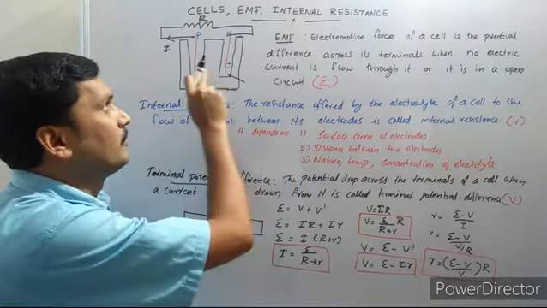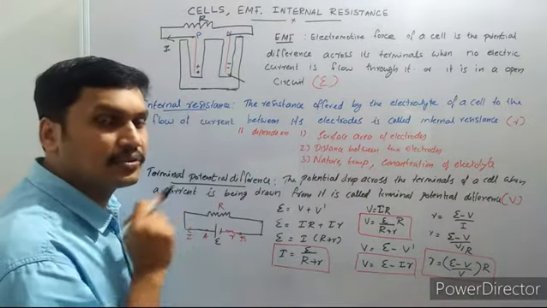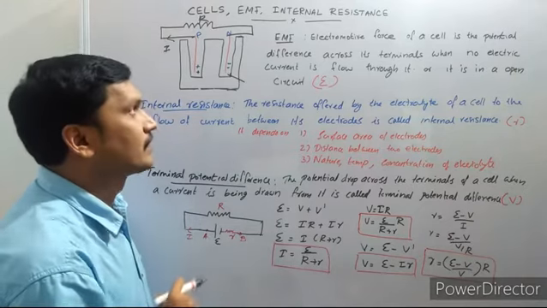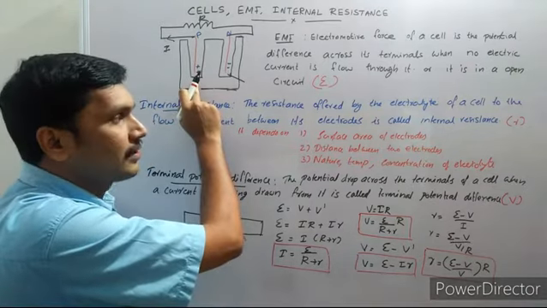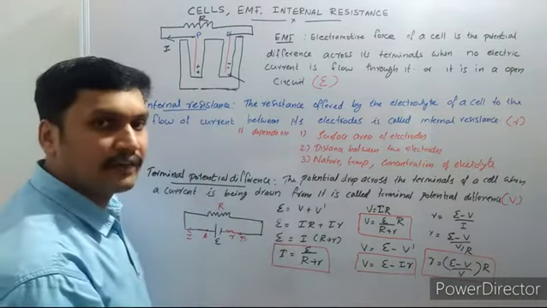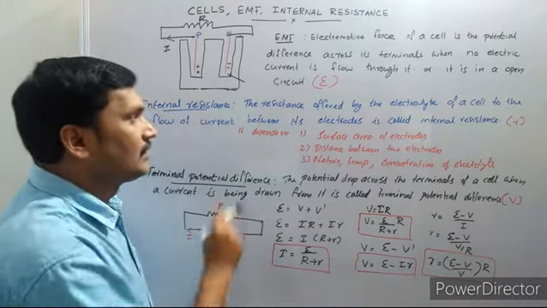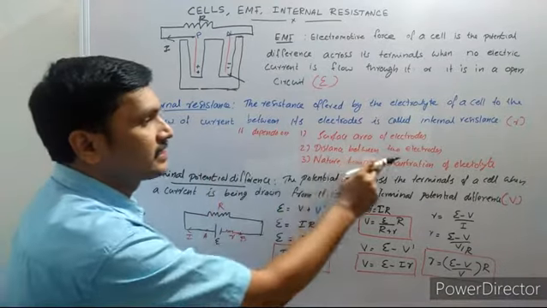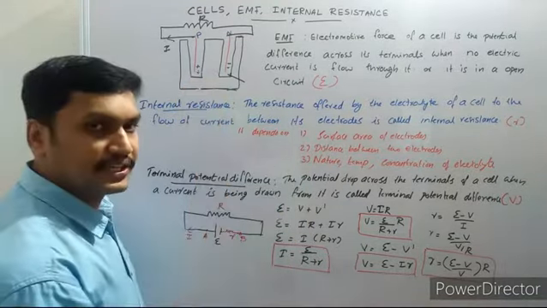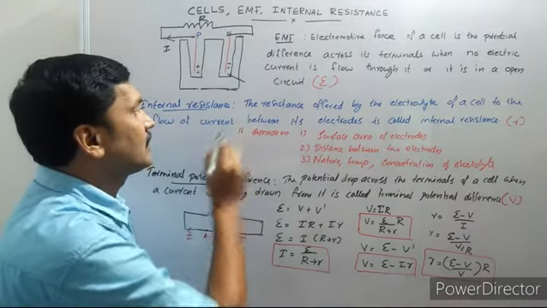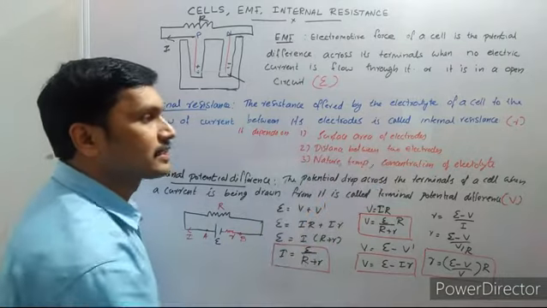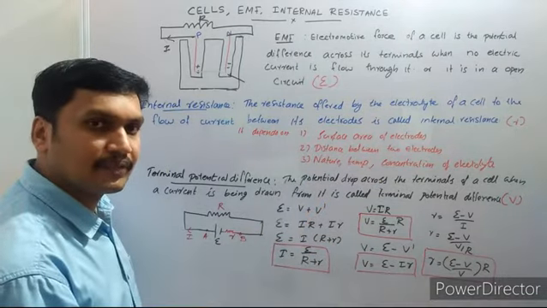We said every electrolytic cell has two electrodes, one positive and the other negative. The internal resistance depends on the surface area of the electrodes. The second factor is the distance between these two electrodes. The electrodes are separated by some distance, and the internal resistance of the cell also depends on that distance.